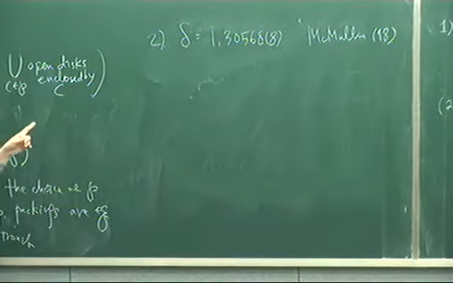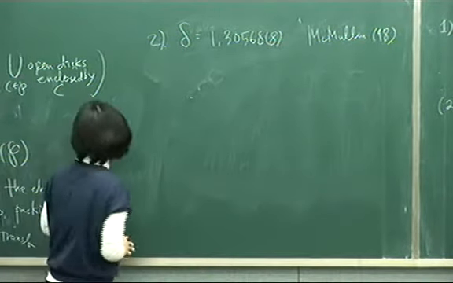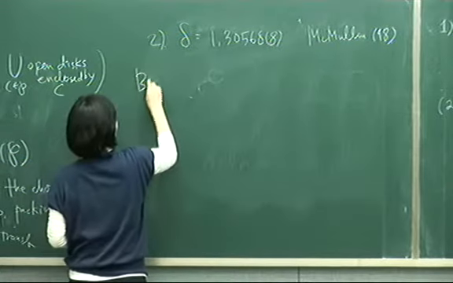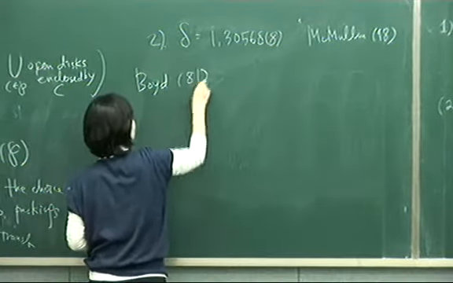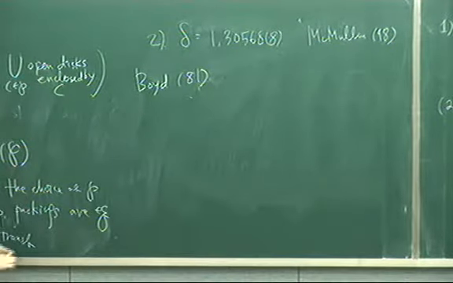So it's quite big. I mean, we took the closure of all the circles, but actually it's quite big compared to just the union of circles, right? Because the dimension is 1.3 something. And Boyd, in '81, proved the following fact using elementary computation.